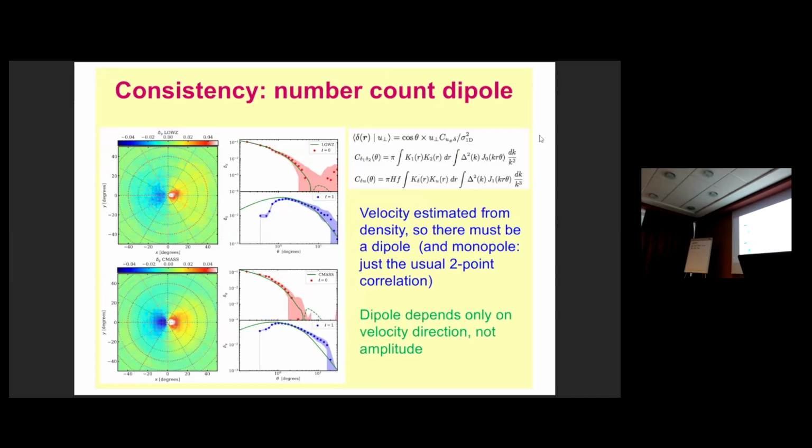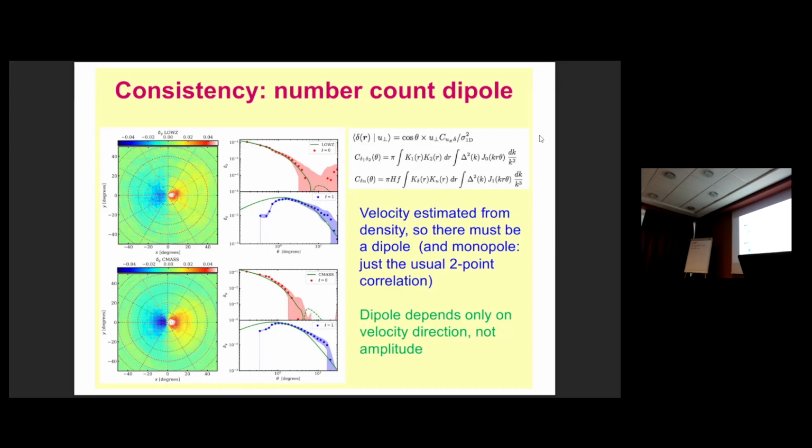We're doing this with BOSS data. So here is the LOWZ sample. Here is the CMASS sample. These are just two different redshift shells around redshift 0.4 and redshift 0.6. These maps go out, you can see, to about 50 degrees, and indeed, high density, low density.